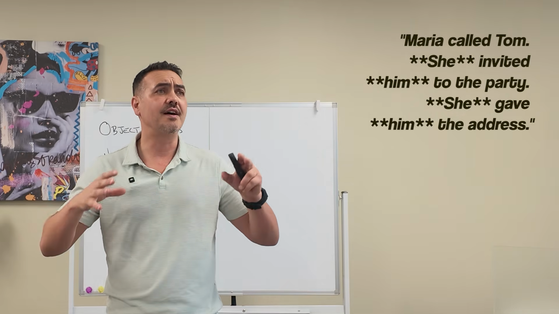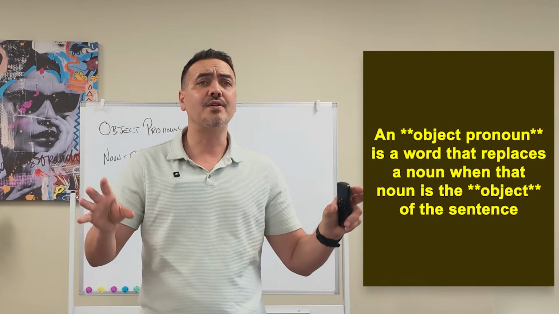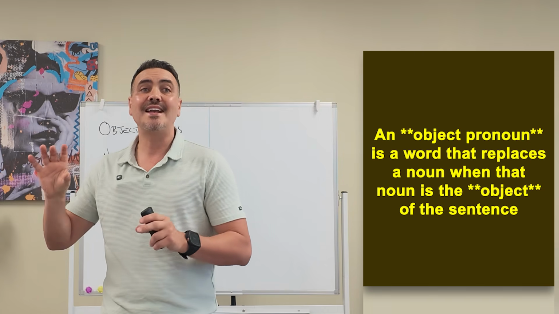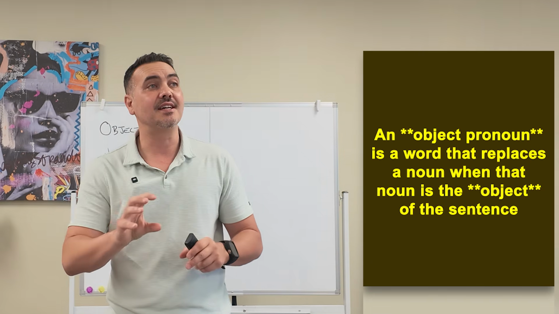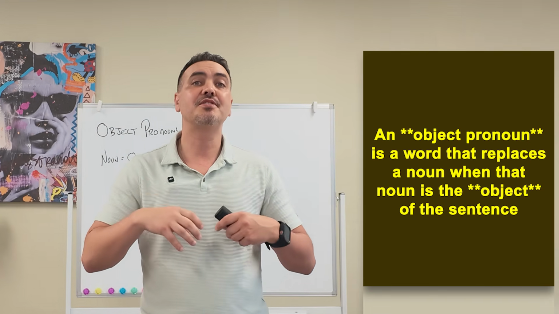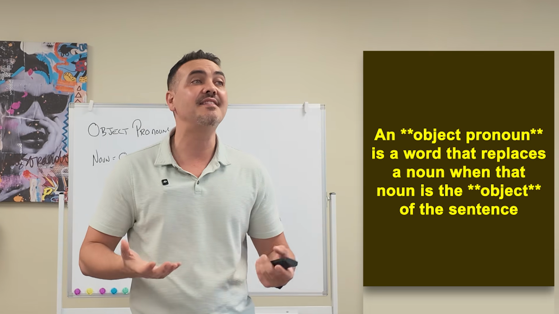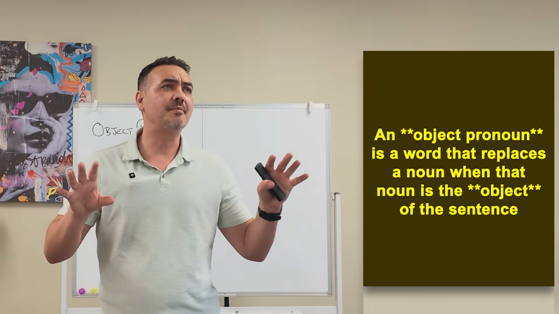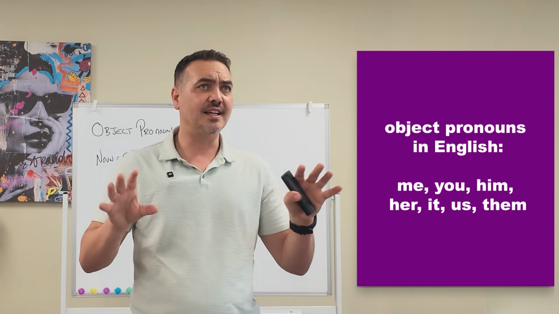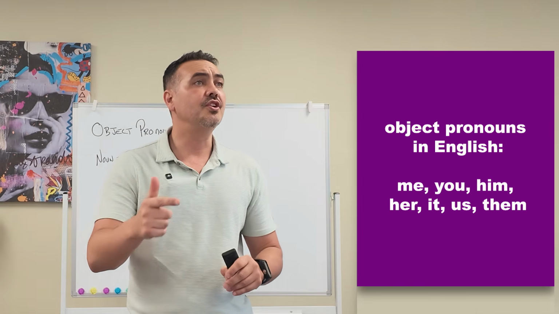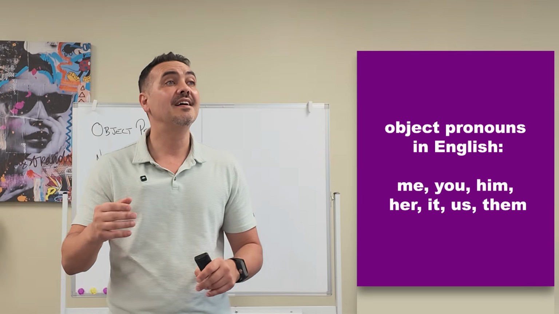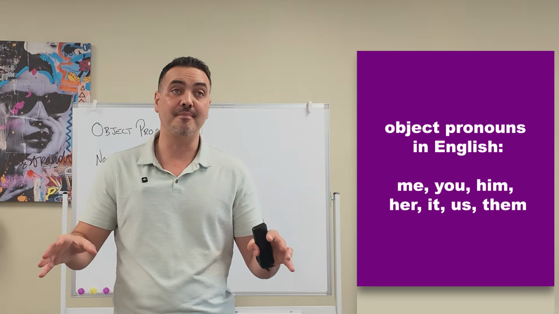So, for definition, an object pronoun is a word that replaces a noun when that noun is the object of the sentence, the person or thing that receives the action, okay? So here are the main object pronouns in English: me, you, him, her, it, us, and them.